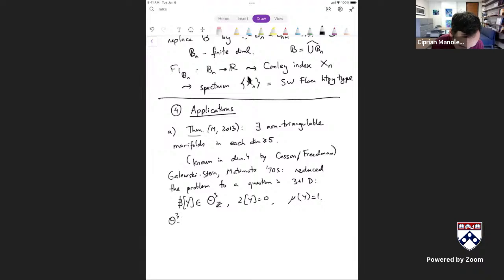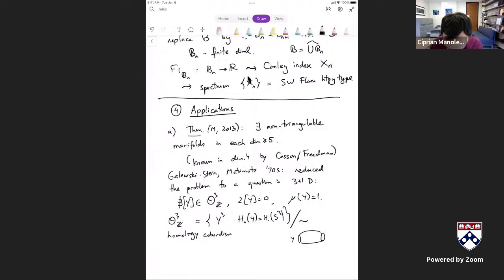So theta 3 Z is the homology cobordism group, generated by 3-manifolds with the homology of S^3 modulo an equivalence relation when they co-bound a 4-manifold with trivial relative homology.